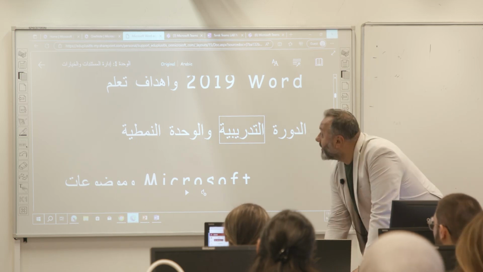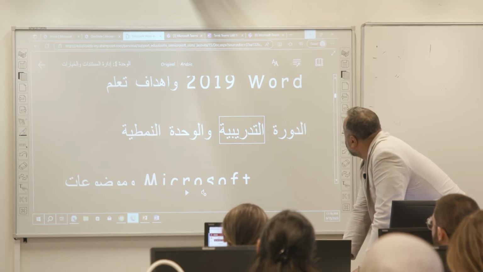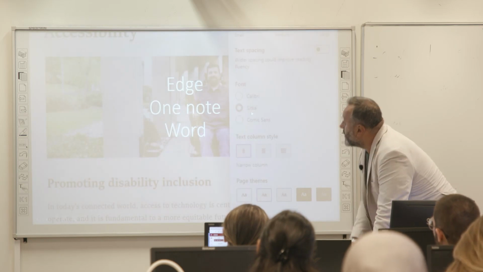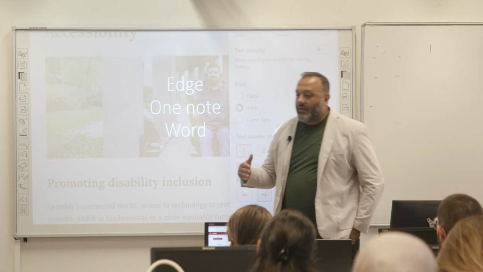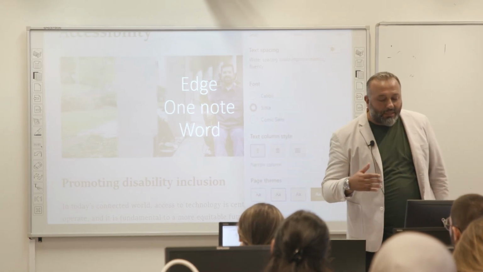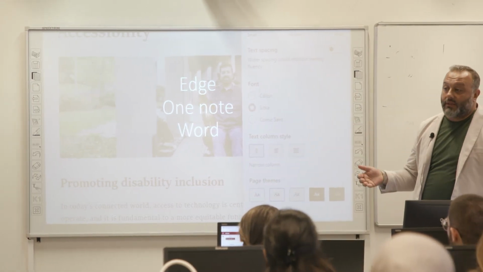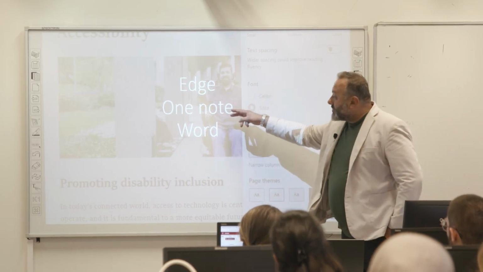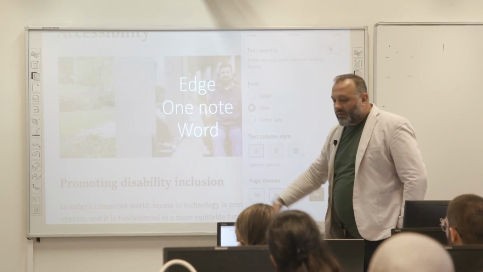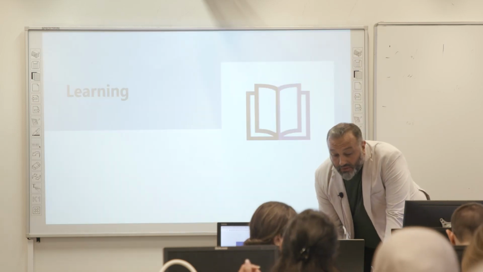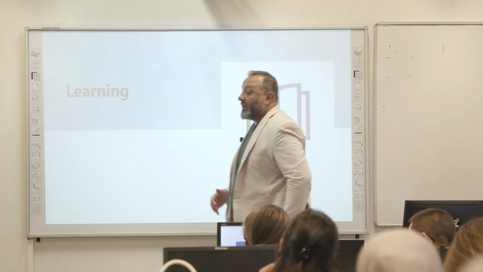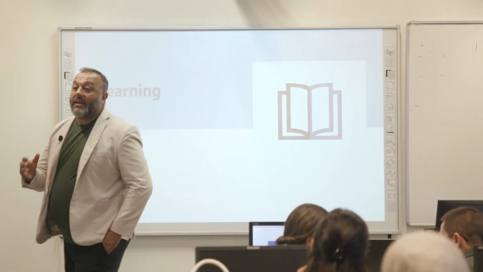Let's go back to the other tools. So, as I said, the Immersive Reader can help anyone who has a disability in vision or learning, so we can use it in Edge, in OneNote, and Word, and other applications. But our learners have a lot of problems inside the classroom.